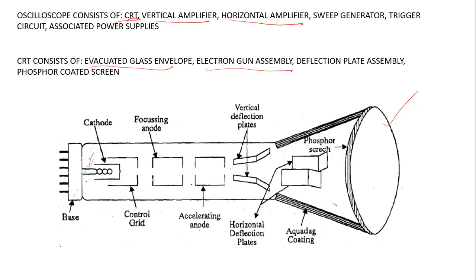The work function, as we know it, is the minimum amount of energy required to release electrons from a metal surface, right? So that will result in emission of free electrons from the cathode surface.